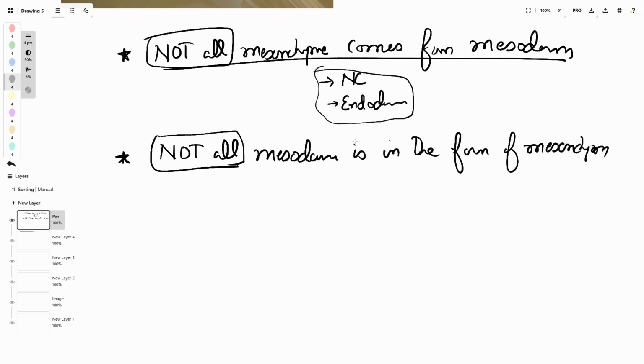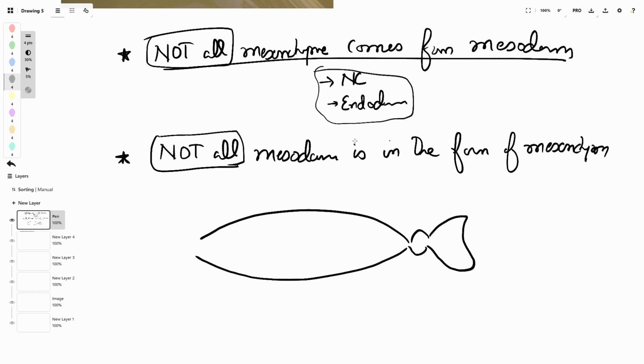But then we have this classical lateral plate mesoderm. So if we draw a paraxial mesoderm, then intermediate mesoderm, then we have this lateral plate mesoderm, which has this squamous type of arrangement of cells. These are more epithelial in nature, right?